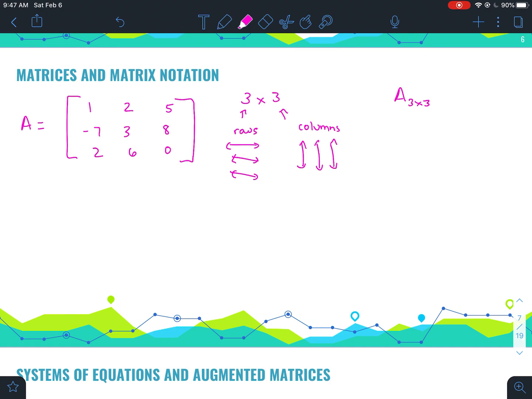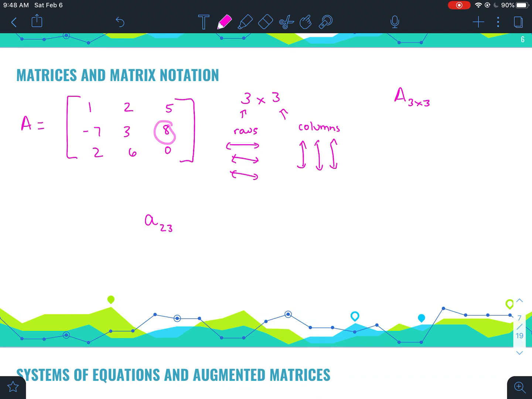If you wanted to talk about specific entries in the matrix, let's say we want to talk about that 8. To name a specific entry, you would use a lowercase a, saying that we're in matrix A, and then say what row and what column you're in. This is row 2, because it's the second row down, and it's in the third column. So this would be entry a23.